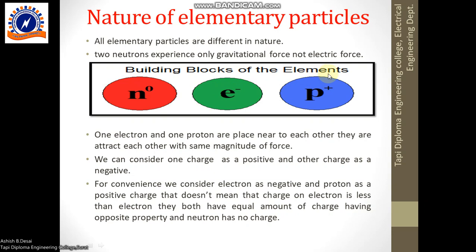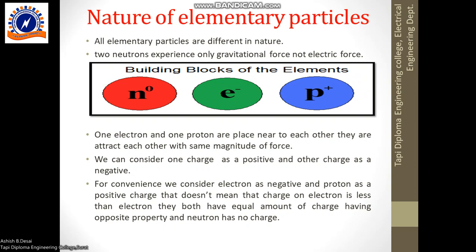They have no relation with the magnitude. These are simply the nature of these elementary particles. For convenience, we consider the electron to have a negative sign and the proton a positive sign. If we consider it in the reverse manner, that doesn't affect the final result.